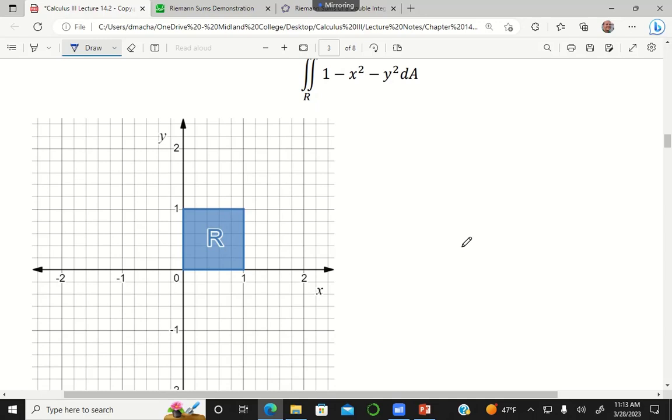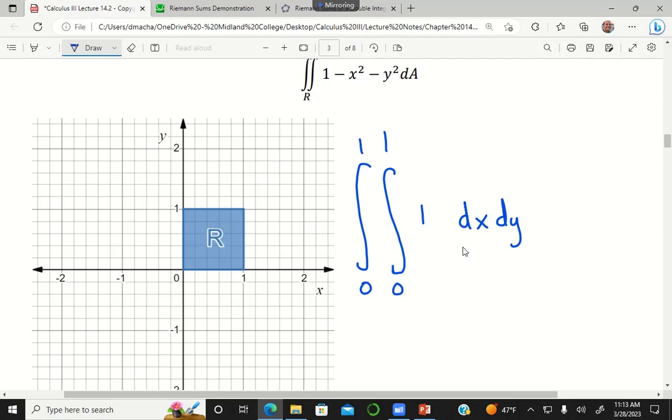So what we talked about on Thursday is I could take just the area of that region R by doing something like the integral from 0 to 1 of the integral from 0 to 1 of 1 dx dy. That would give me the area of this square, but hopefully it's obvious to you that the area of the square is 1 anyways.